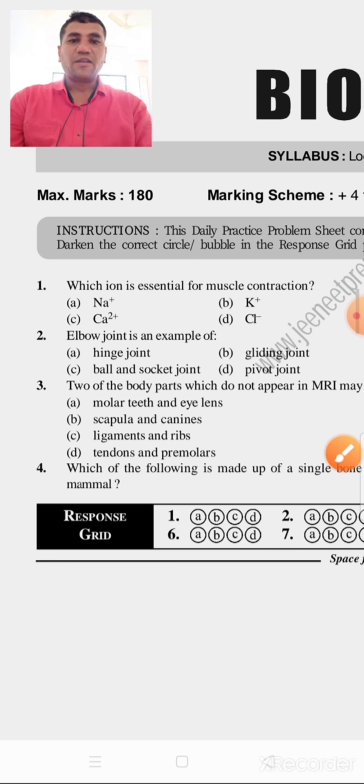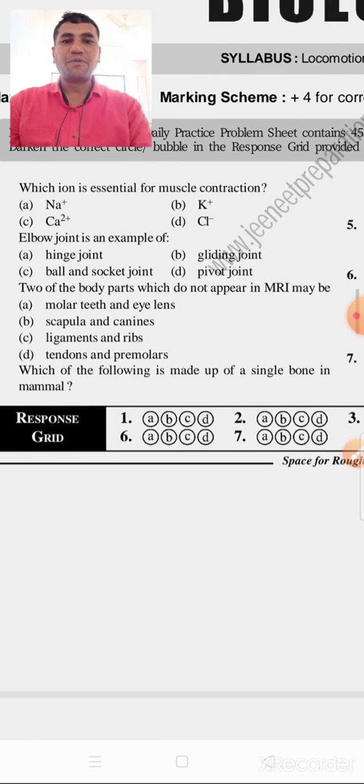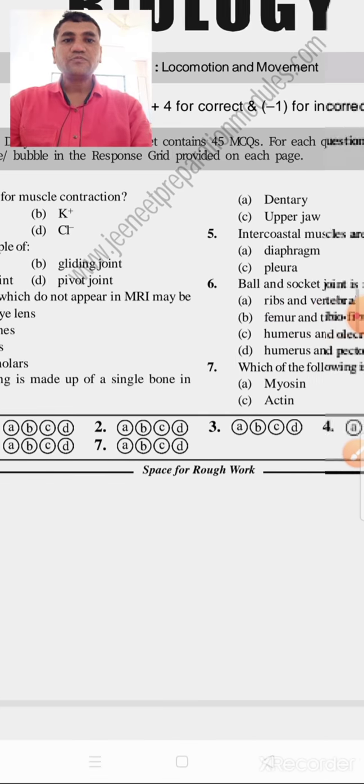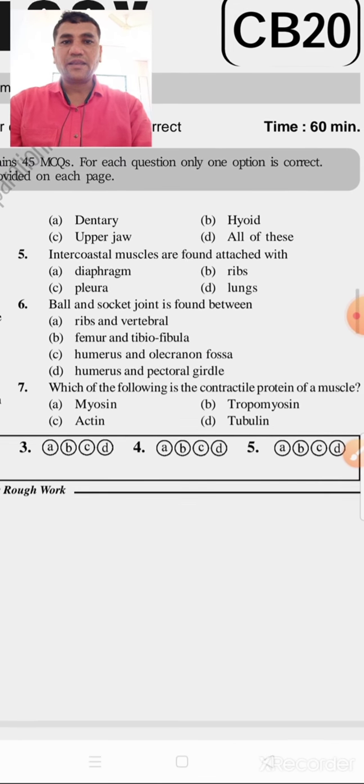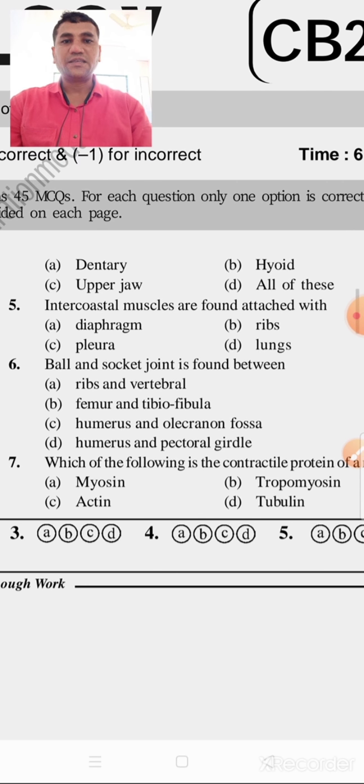Next, which of the following is made up of a single bone in male? A, dentary; B, hyoid; C, upper jaw; all of these.